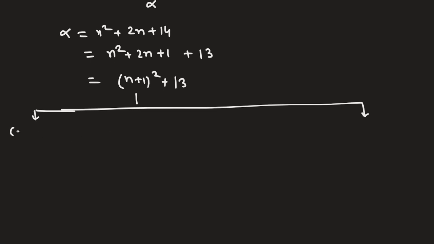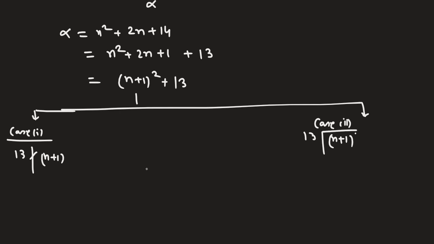So case 1, either 13 does not divide this number n plus 1, or 13 divides n plus 1. So now in case 1, if 13 does not divide this number, that means n plus 1 is not equal to a 13k type number, where k is an integer.